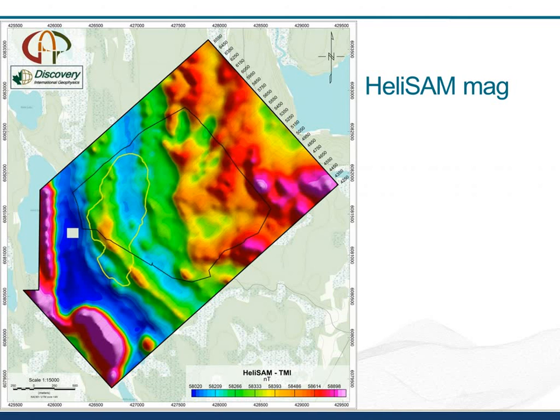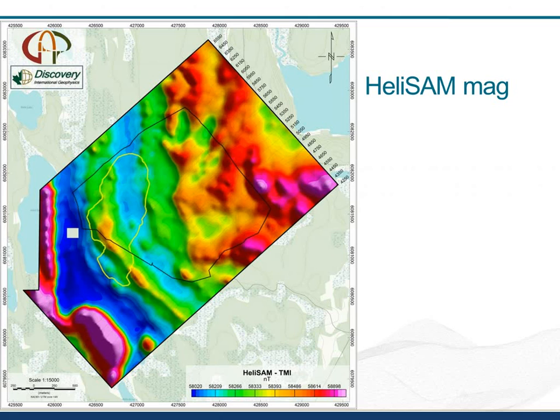So the first derived product here is the total field magnetic data set. Maybe I should just mention that the survey was done at a 7.5 hertz base frequency, and we put out approximately 20 amps in the transmitter loop. So fairly standard transmitter power, not the higher power systems that the GAP system provides.